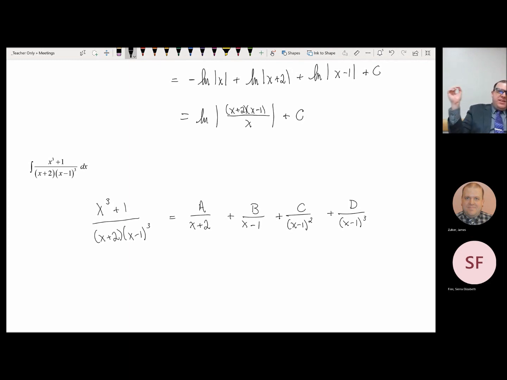And so you have to remember that if your linear factor is repeated, so it's being raised to a power, it contributes more than one term.